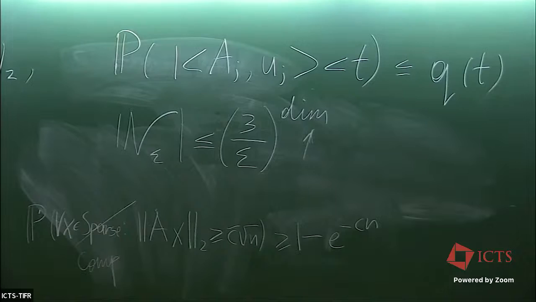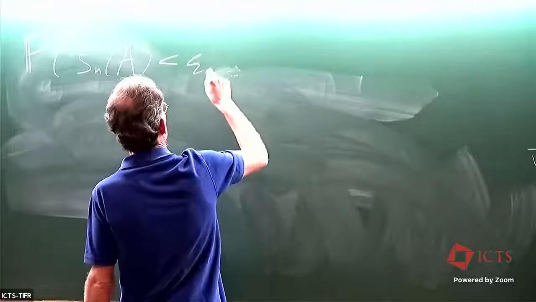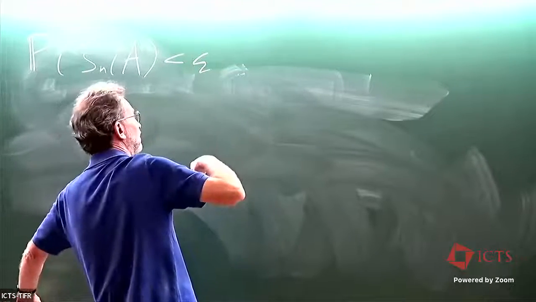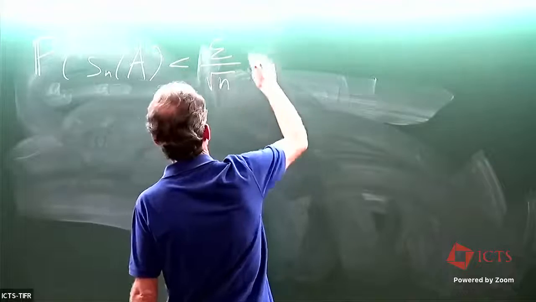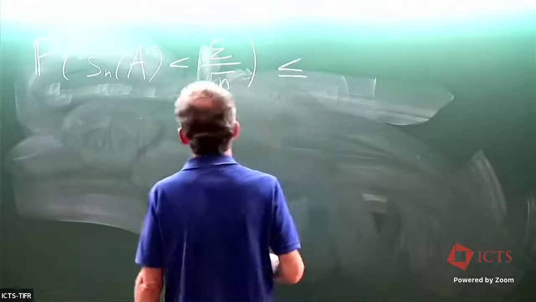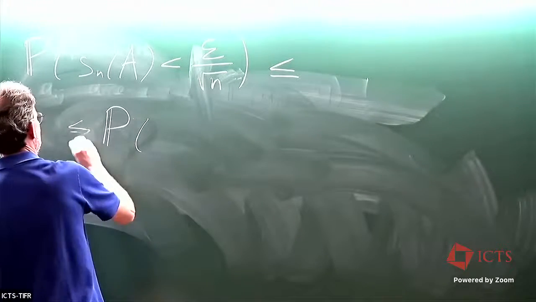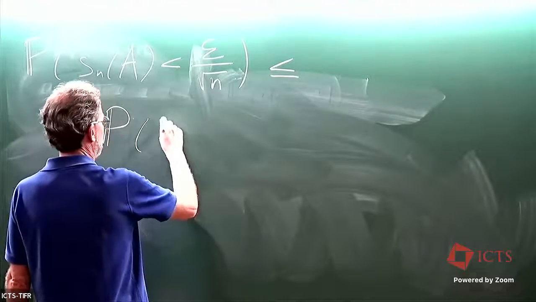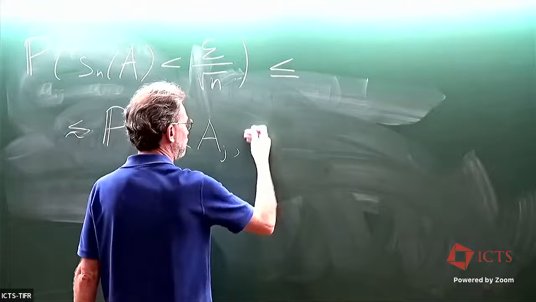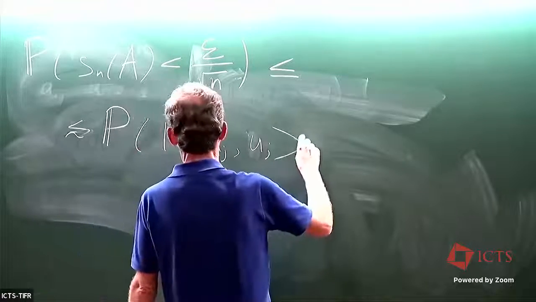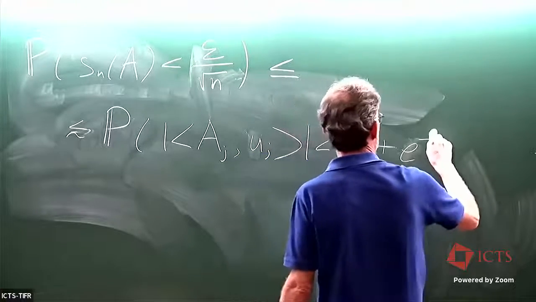So the probability that s_n(A) is less than epsilon over square root of n is less or equal than the probability that the inner product A_j, u_j is less than epsilon, plus e to the negative Cn. Now let me write, and then I'll explain.